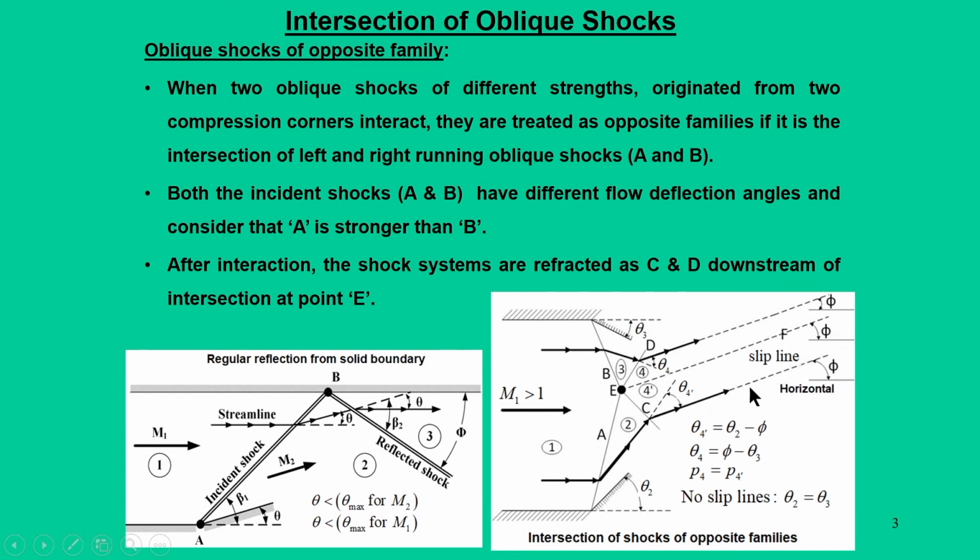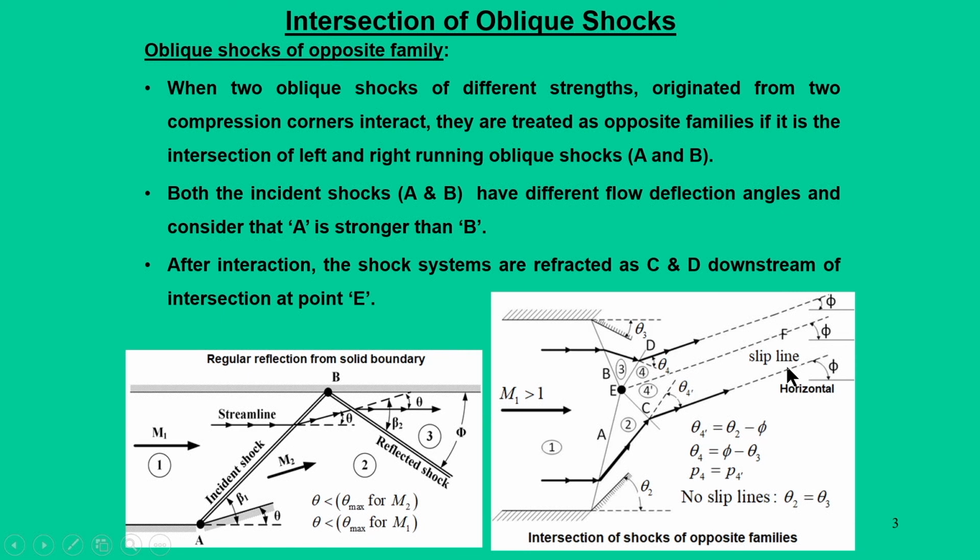So, when they have to be parallel, we can see that the streamline comes out of region 3, and because of which it has to deflect by a certain angle theta 4, and another streamline that comes out of refracted shock D will have another angle theta 4 dash, and both have to be parallel.